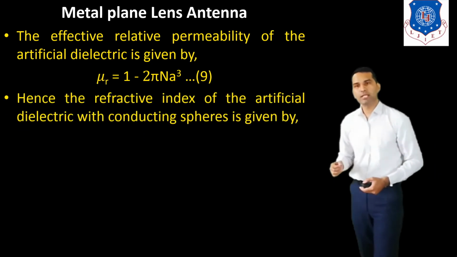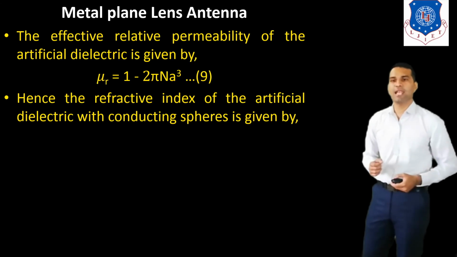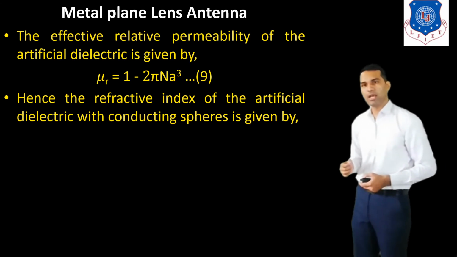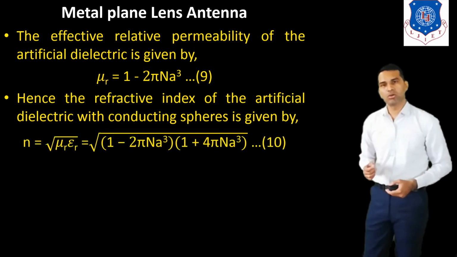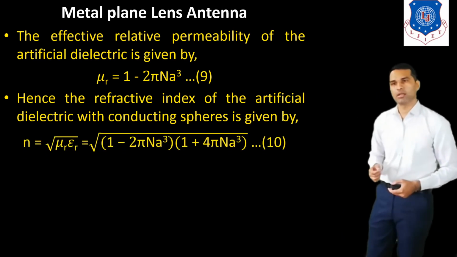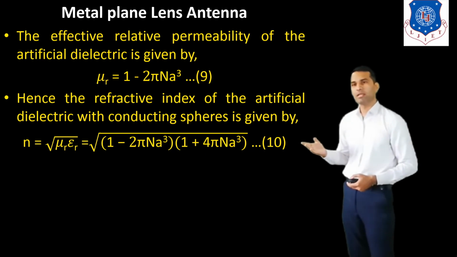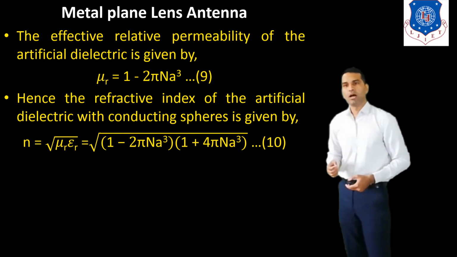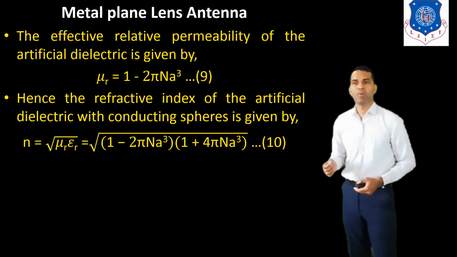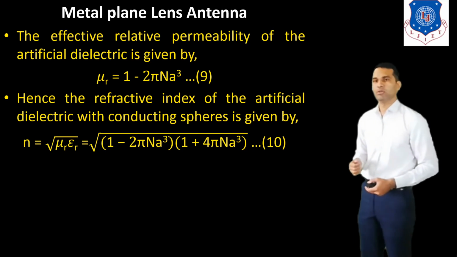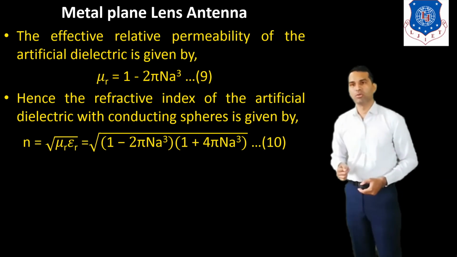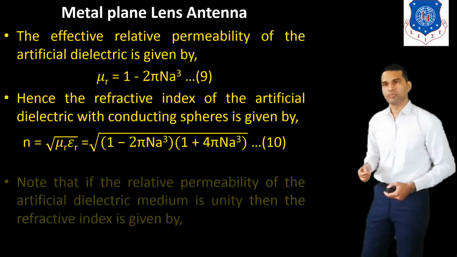Hence, the refractive index of the artificial dielectric with conducting spheres is given by n equals under root mu r epsilon r. So we can simply write the equation as under root of (1 minus 2 pi N a cube) into (1 plus 4 pi N a cube). So we have put the values of mu r and epsilon r.